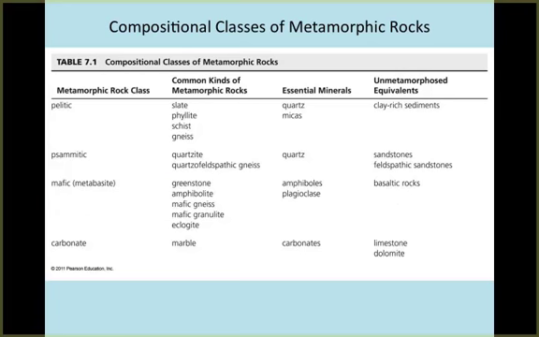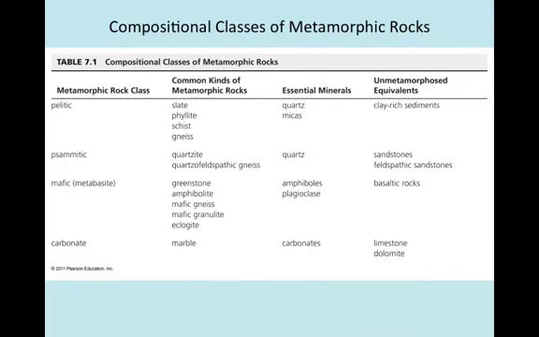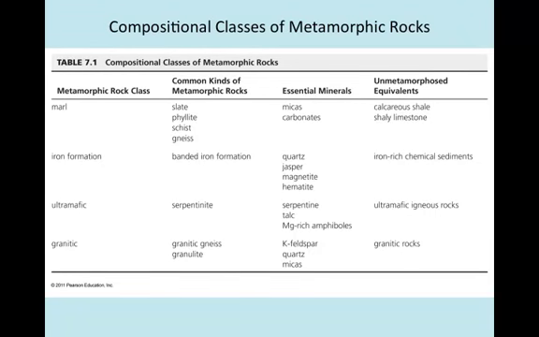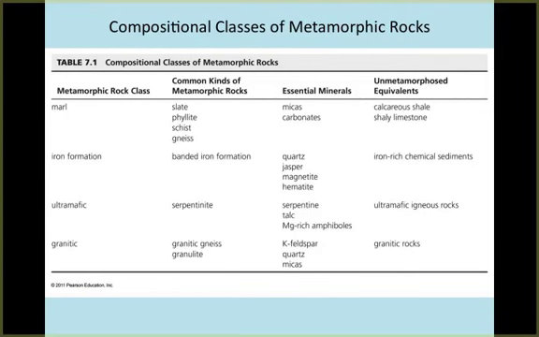Limestones and dolomites are said to be carbonate protoliths, and the resulting metamorphic rock is a marble. If you've got a mixture of shale and limestone, your protolith is a marl.